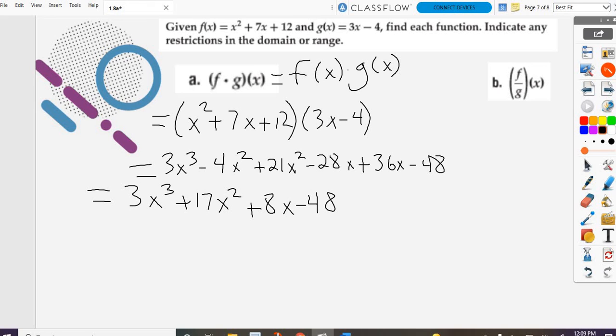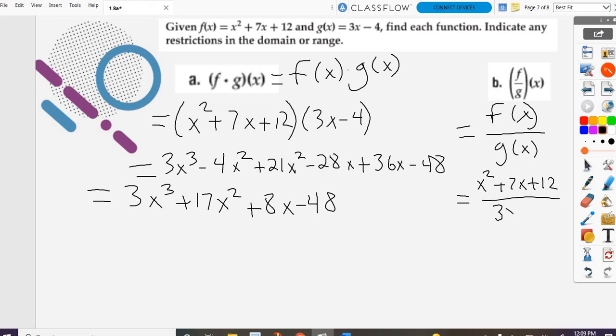Now, for my f divided by g, I have f of x divided by g of x. So I'm just going to take f of x and put it on top. So x squared plus 7x plus 12, and divide it by 3x minus 4. Now please be careful, because the only way that you can reduce fractions is if they are being multiplied.